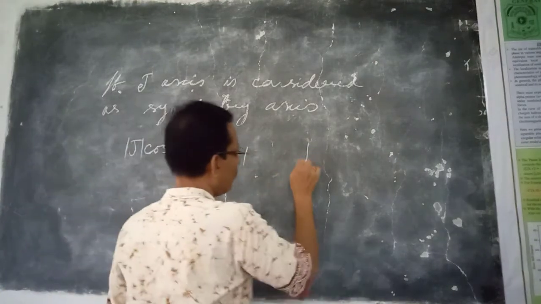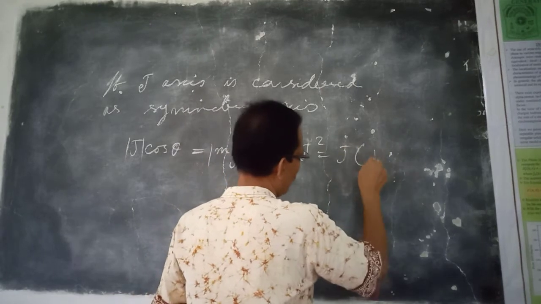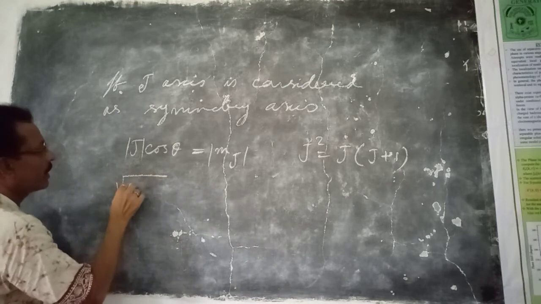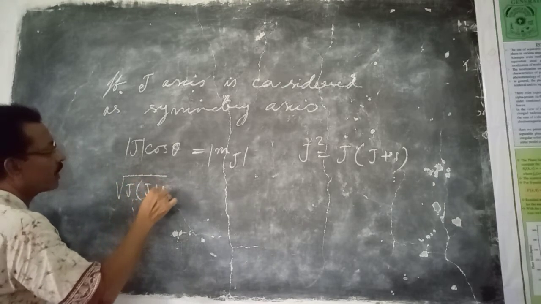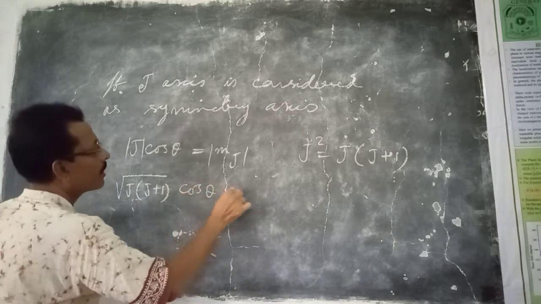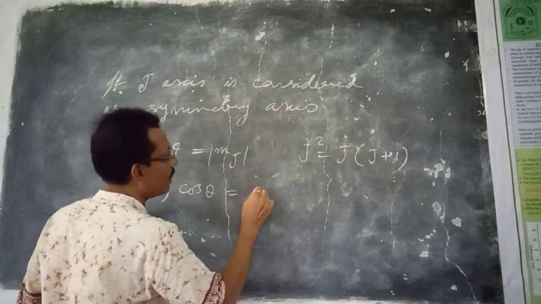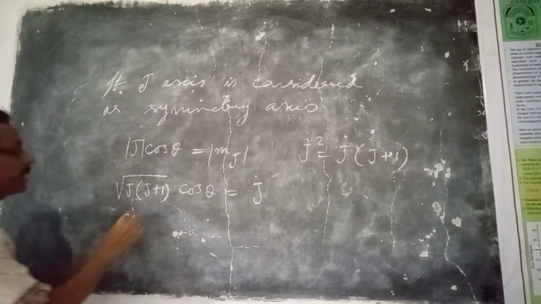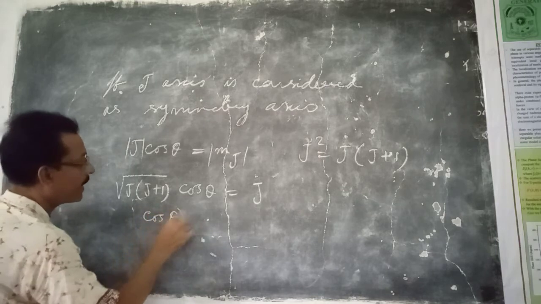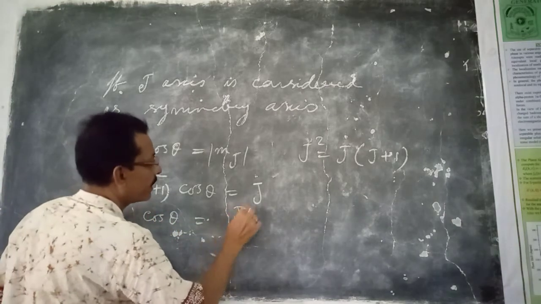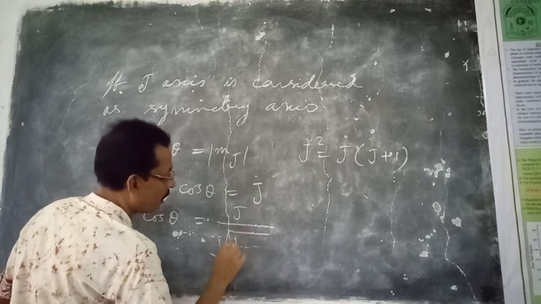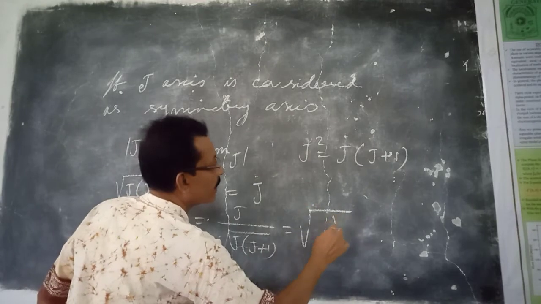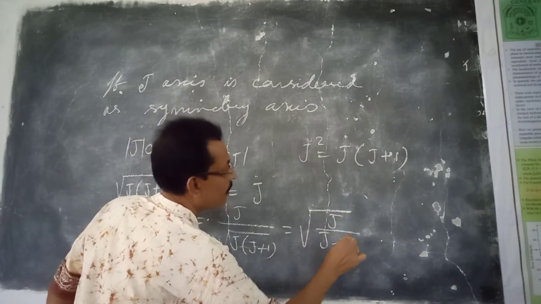We know that J square is equal to J into J plus 1. Then what will be the value of J? That is square root of J into J plus 1 into cos theta, and that is mJ, its maximum value is J. Now therefore in that case the cos theta, the angle, you get J divided by square root of J into J plus 1, that is square root of J divided by J plus 1.